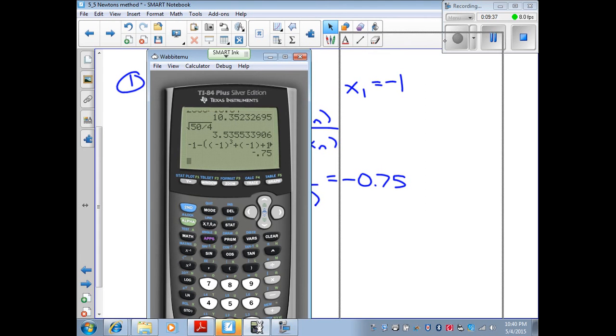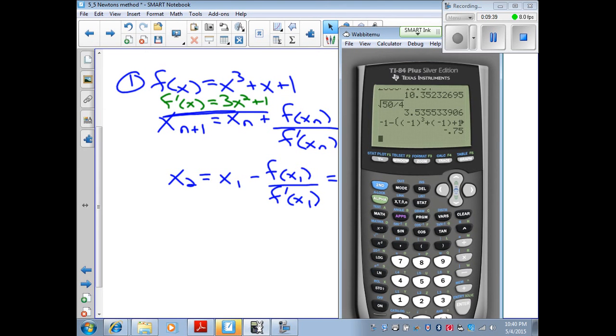Okay, from there, finding the next one is actually not so bad. So x3 is going to be x2 minus f at x2 over f prime of x2.